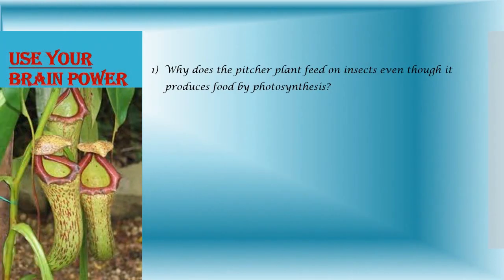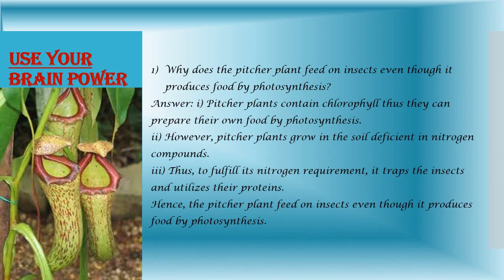Now students, again use your brain power to answer this question. The question is, why does the pitcher plant feed on insects even though it produces food by photosynthesis? Yes, pitcher plants contain chlorophyll, thus they can prepare their own food by photosynthesis.